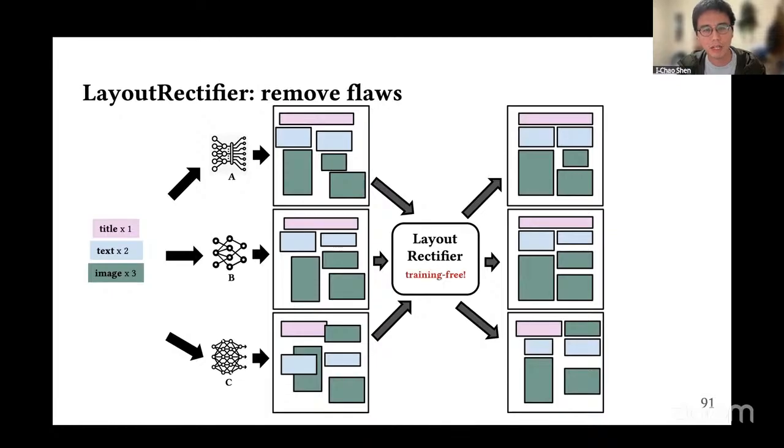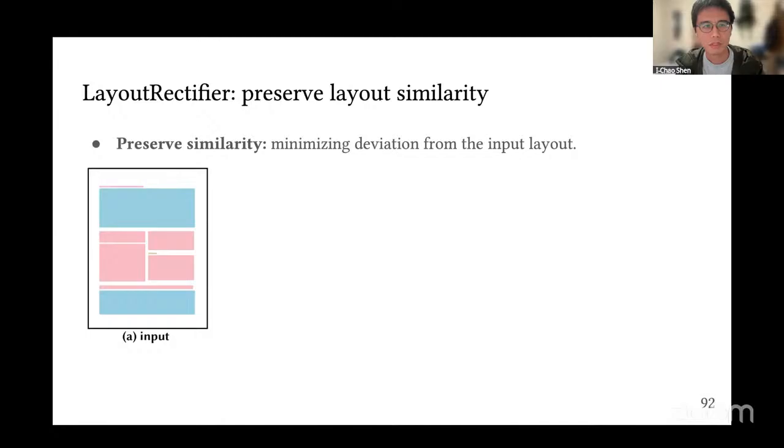This is basically training free, a pure optimization-based method, so it doesn't depend on which model you use to generate a layout. But we think that removing all these flaws is not enough. We also need to preserve the layout similarity to the original input layout, which means we want to minimize the deviation from the input layout after the optimization.